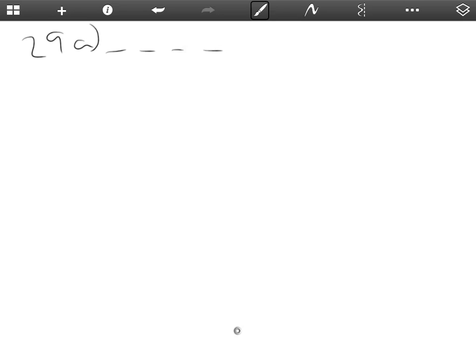So, I can put any positive integer from 1 to 100 in this slot, this slot, this slot, and this slot. This is not the correct answer, by the way. I'm just showing you guys how many of those there are. So there's 100 times 100, maybe let's make these parentheses, times 100 times 100.